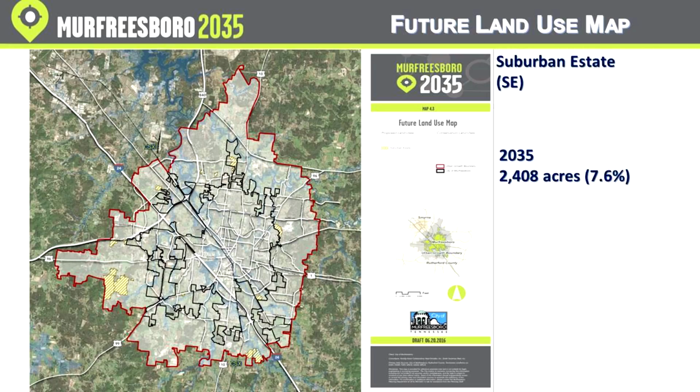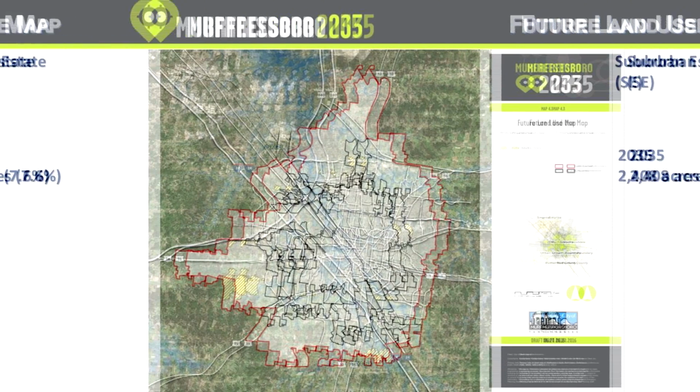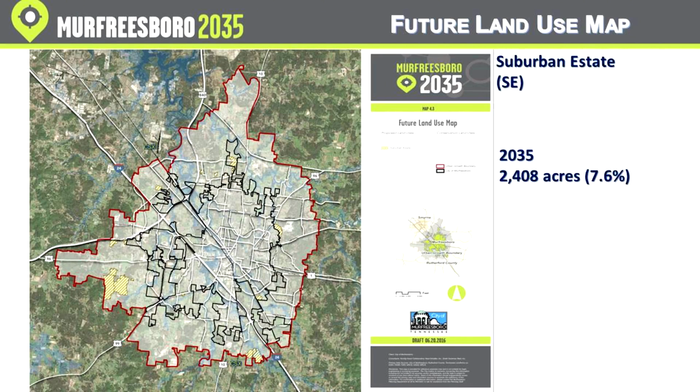The suburban estate is what we're proposing. We are proposing a little bit, you can see in the southwestern quadrant of the city, and a little bit over to the southeast and the east, but this is mainly because of the lack of readily accessible municipal services.